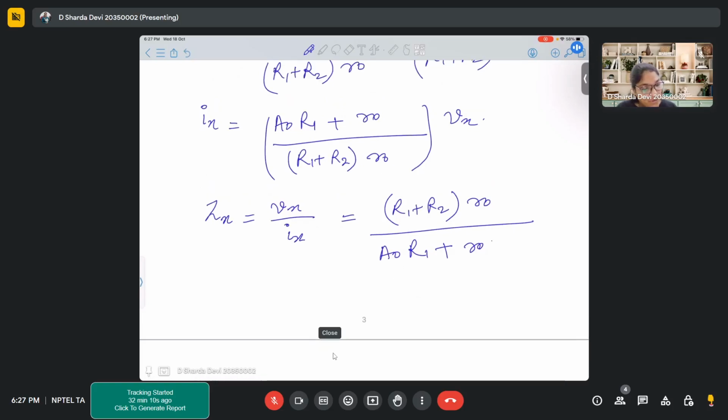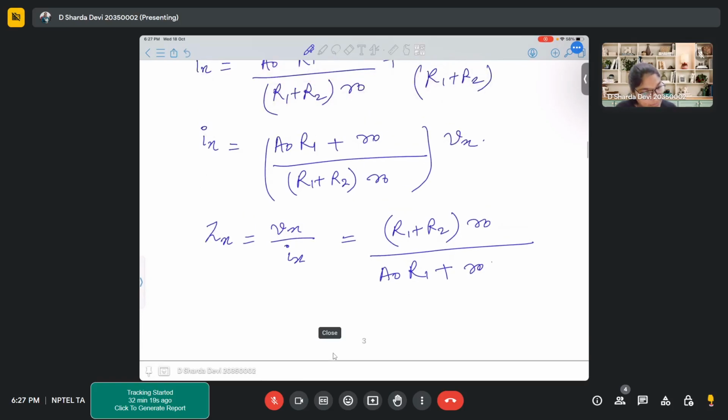Now, if we observe very carefully, this A naught R1 is much greater than R naught, correct?